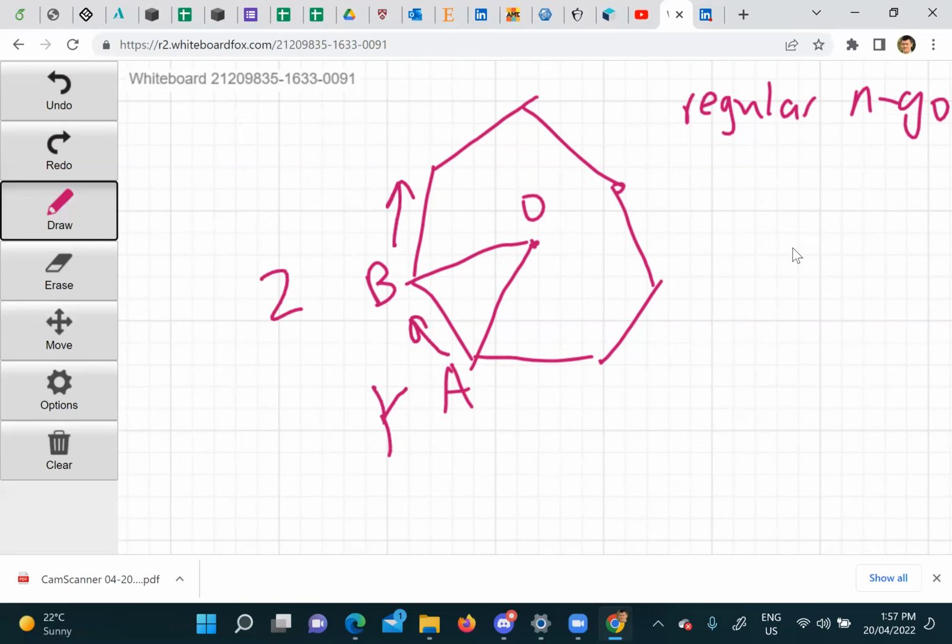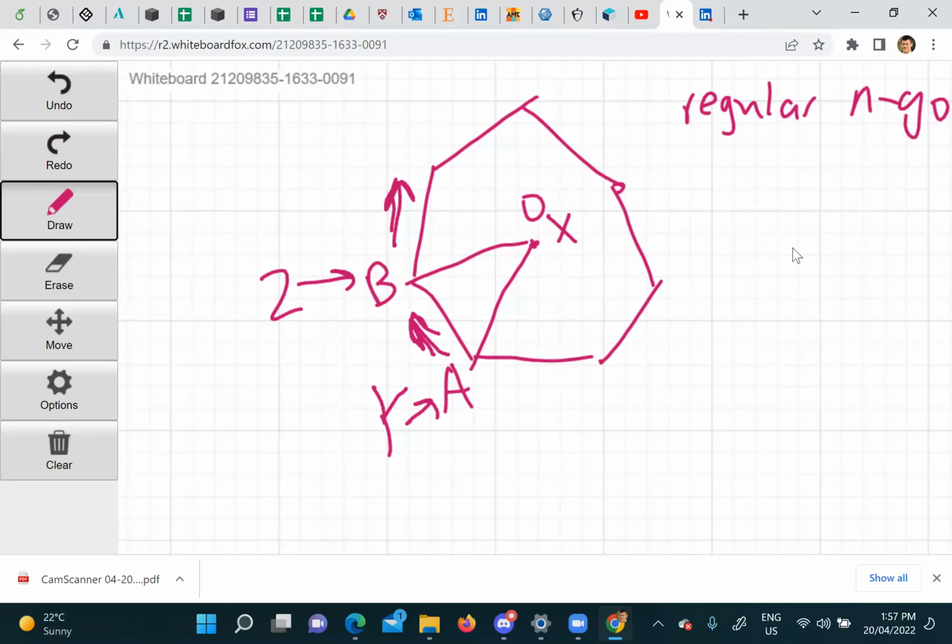So basically Y and Z start at A and B, and X starts at O, and then the whole triangle moves such that Y is moving along the n-gon and Z is also moving along the n-gon.